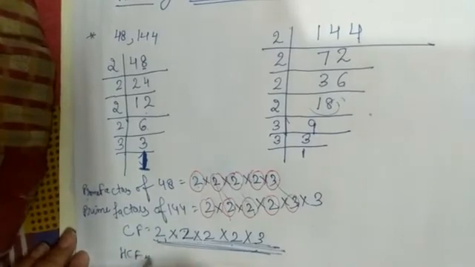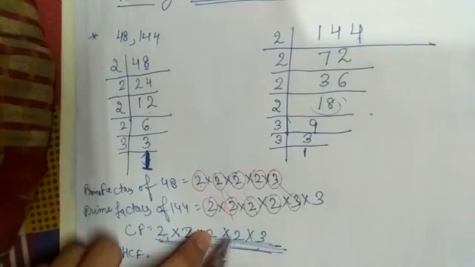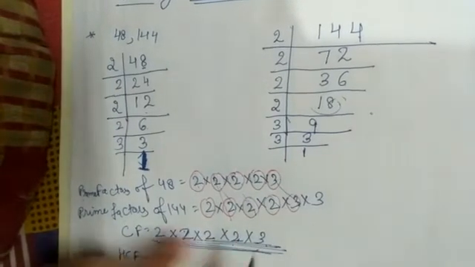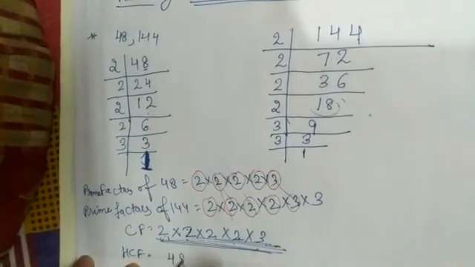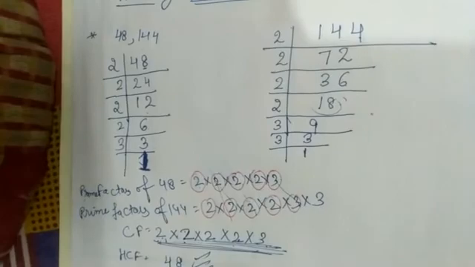Let's do it. 2 twos are 4, 4 twos are 8, 8 twos are 16, 16 threes are 48. So our HCF is 48, and this is your answer.